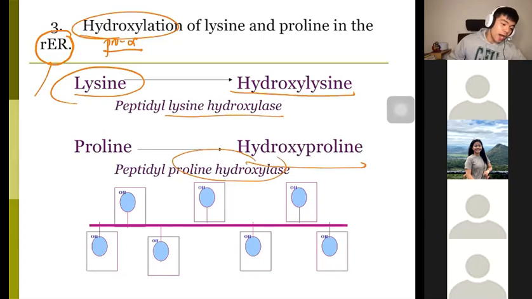Question, may cofactors needed ba dito kay prolyl hydroxylase para ma-activate? Yes or no? Kailangan ba natin ng cofactors for prolyl hydroxylase? Yes or no?